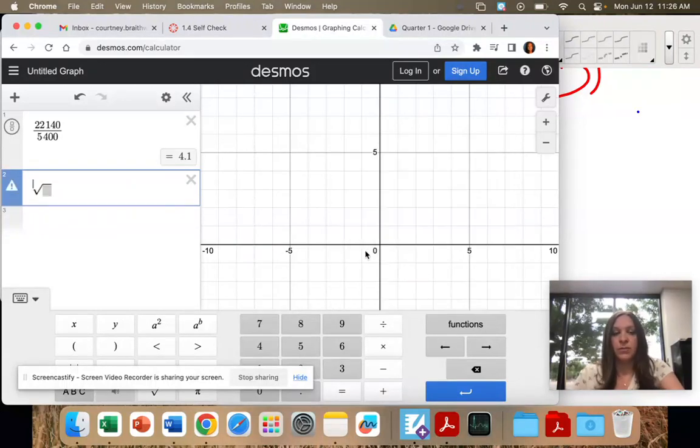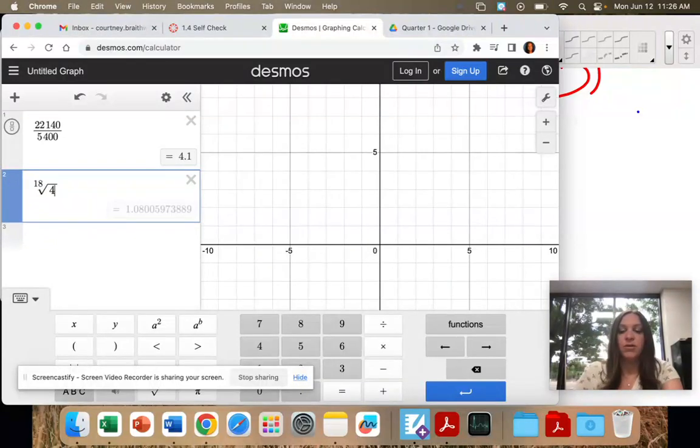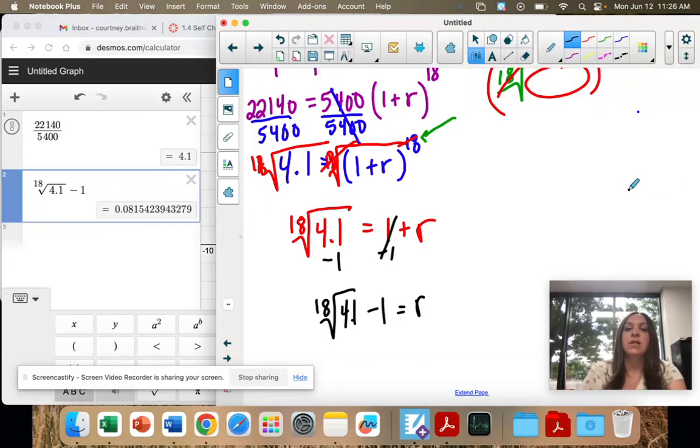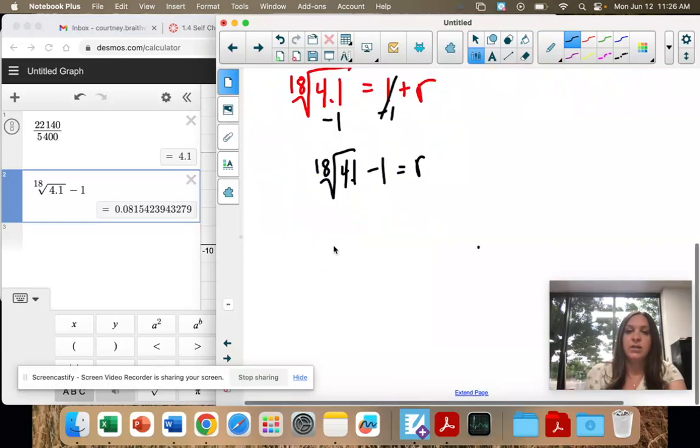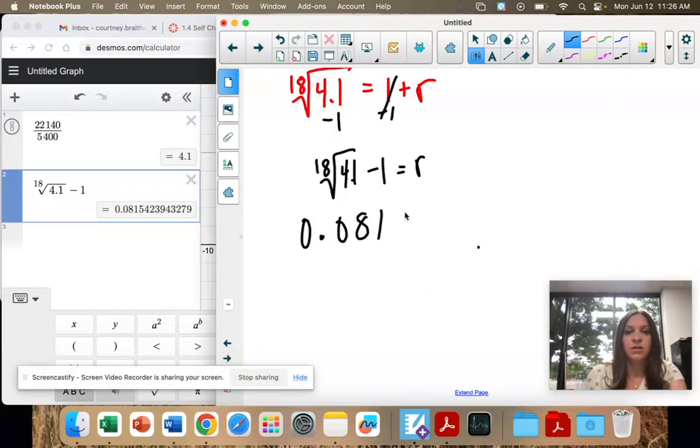So 18th root of 4.1, and then don't put the minus 1 underneath the root. It's separate. So I'm going to use my arrow over and then minus 1. So I have 0.0815542. I don't need to write it all.